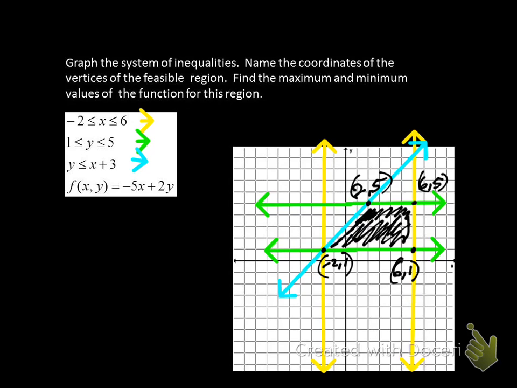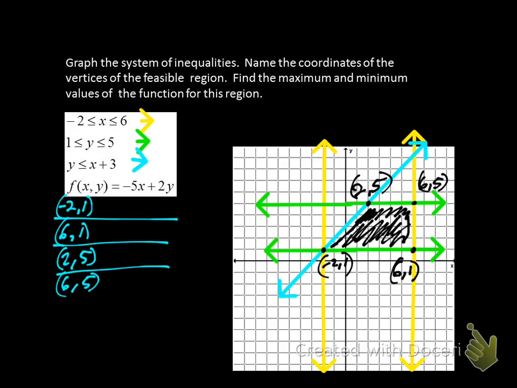You take your ordered pairs: negative 2, 1, 6, 1, 2, 5, and 6, 5. In the same way, set up the table of you plugging them into the function. Negative 5 times negative 2 plus 2 times 1.